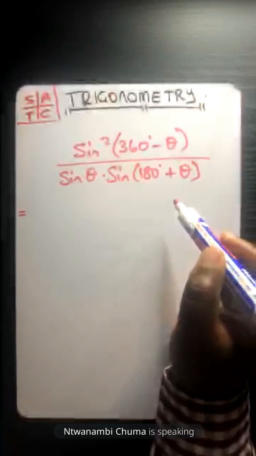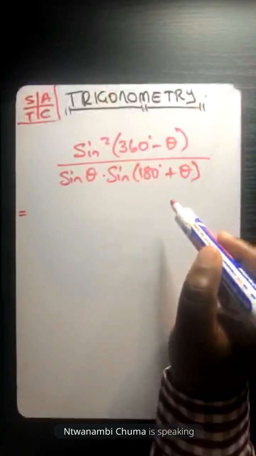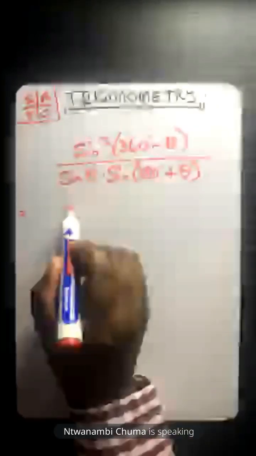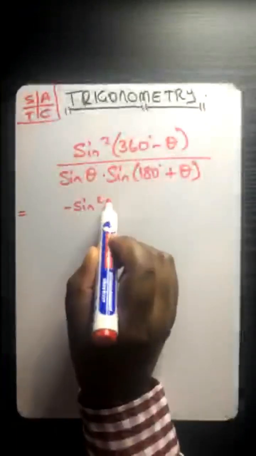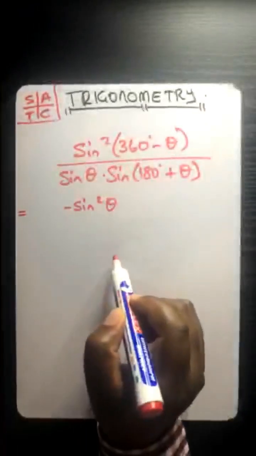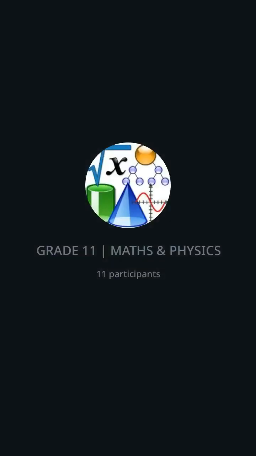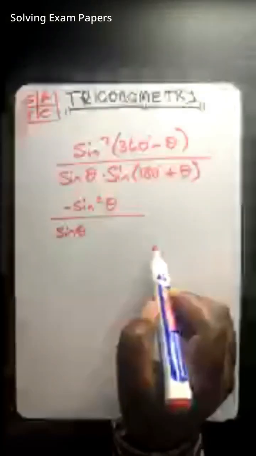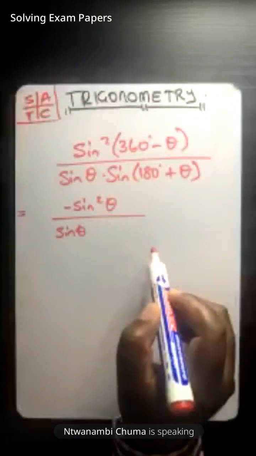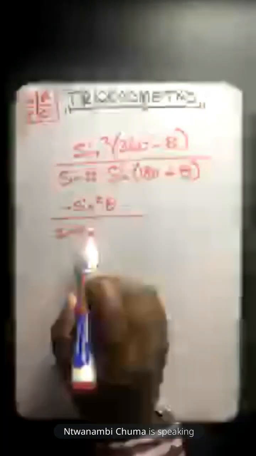So it's going to be a negative sine squared theta all over sine theta. Multiply by negative sine theta.